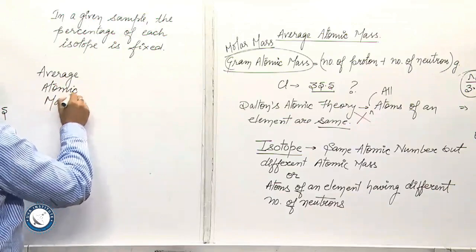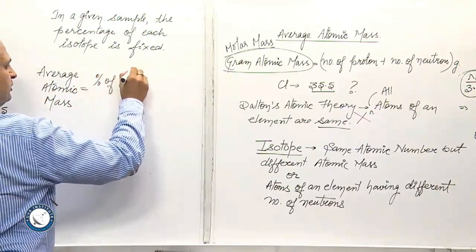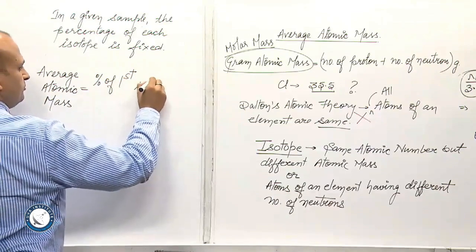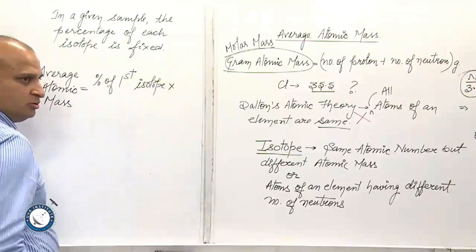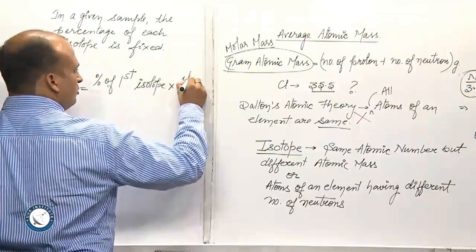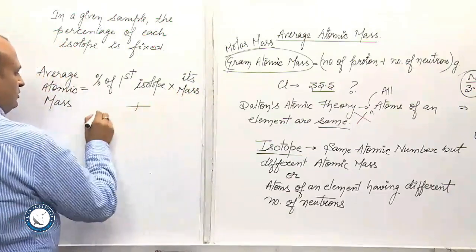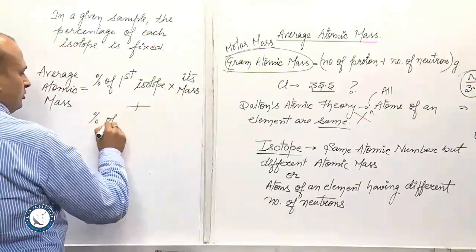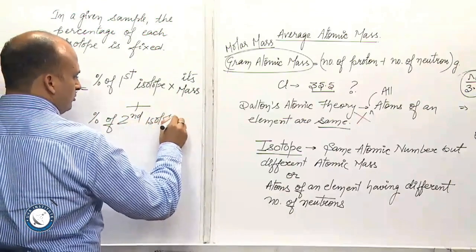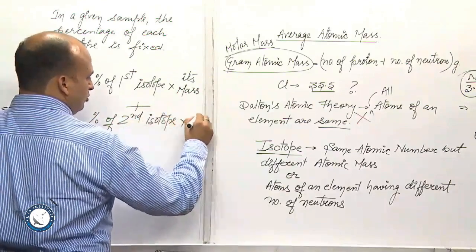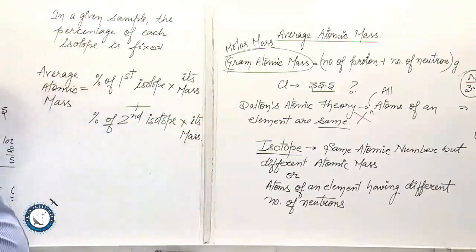is equal to percentage of first isotope into its mass plus percentage of second isotope into its mass.